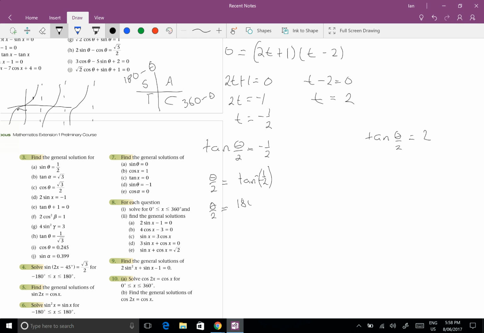So 180 minus 26 degrees, and I'll just get it in degrees, minutes, seconds. 26 degrees, 34 minutes. But it also exists in that fourth quadrant, so it's 360 minus 26 degrees and 34 minutes. So I get my two answers.